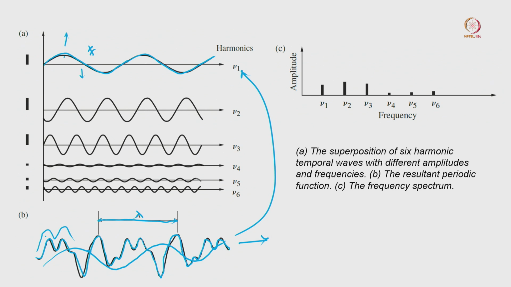That is the reason we selected the second wave and we are adding it here. When we added this wave, what happened here? There is a decrease in the amplitude, but an increase in the amplitude in this particular position when we add these two waves. But again in this position it is pushing down, the amplitude is decreasing.